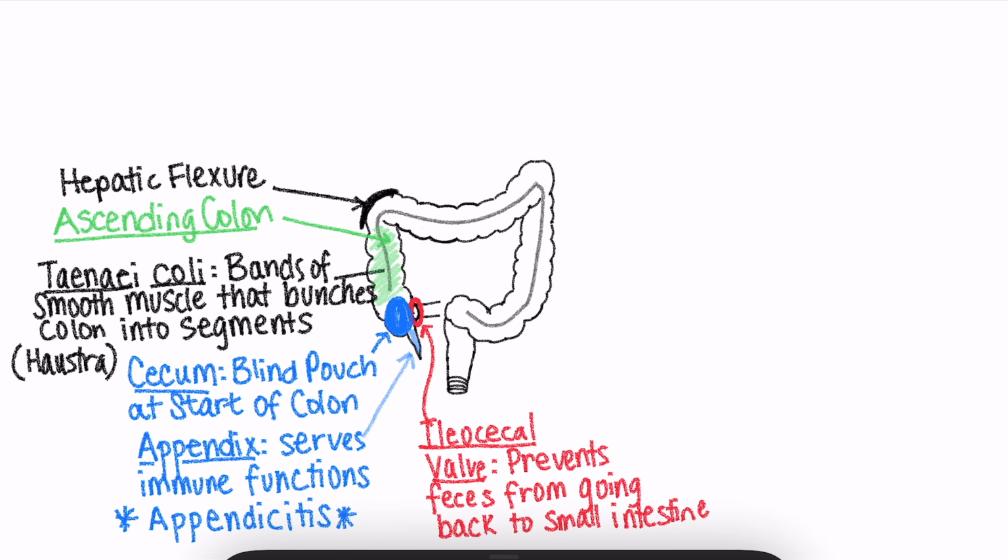Then the transverse colon goes across the top until it gets to the splenic flexure, which is this turn right here. The splenic flexure, where the spleen is.